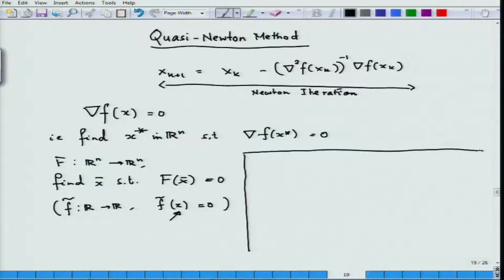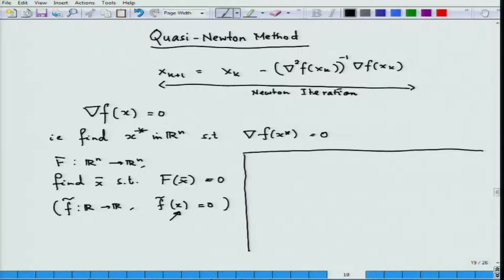Essentially I can apply the same logic here. But the important thing in optimization is to know that at every iteration the objective function value decreases, and that we will fix by choosing a descent direction.